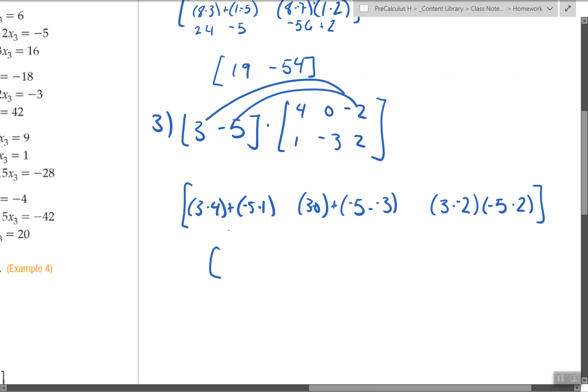Okay, so we end up with, that's 12 and negative 5. That is 0 and positive 15. And that is negative 6, and that is negative 10. So that'll be 7, 15, negative 16.